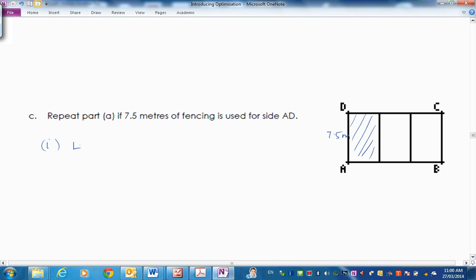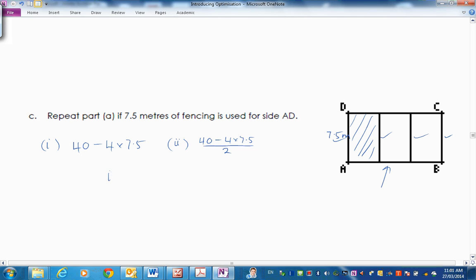What length have we got left after you do the internal pieces? Like that, haven't we? 40 is the whole amount we started with, and we've got to take off these 4 in here. Okay, and part 2. What's the length of one of these sides? Well, it's what we've got left after doing those internal divisions divided by 2.